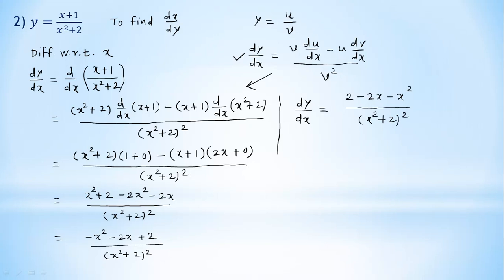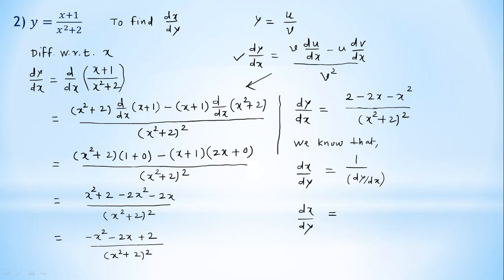So here we get dy by dx, but we require dx by dy. So as we know that, again, dx by dy is equal to 1 upon dy by dx. So here we have to take the reciprocal of dy by dx.